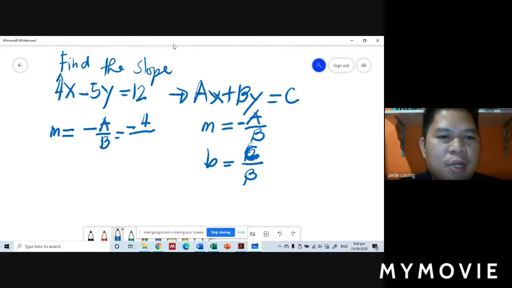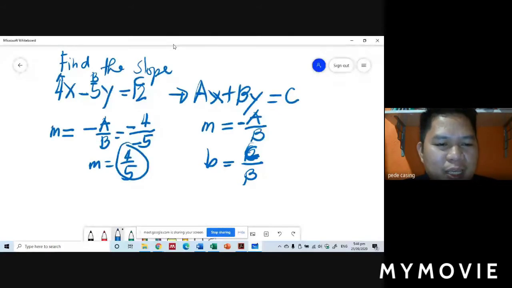So again, this is our a, this is our b, this is our c. So our a is 4, but since our formula is negative, so it becomes negative 4. Over b is negative 5. Therefore, our m slope is equal to negative divided negative, positive. So that is 4.